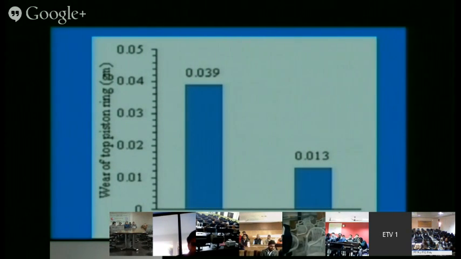And another point can be seen here: wear of the top piston ring. For the conventional piston ring, when run for 40 hours, it was 0.039 gram, taken by weight of the piston ring. And when it was textured, when a particular profile was given, then a drastic reduction in wear happened, and we can say 300% reduction in wear has taken place.